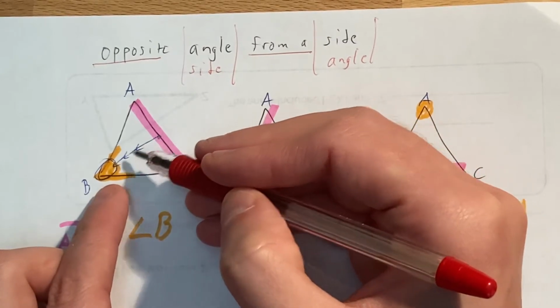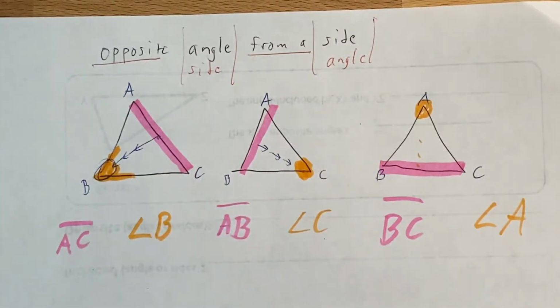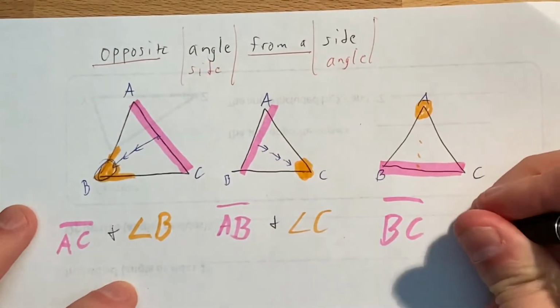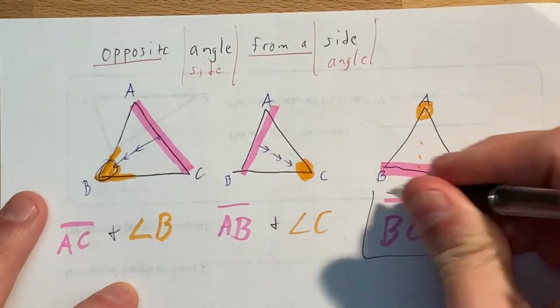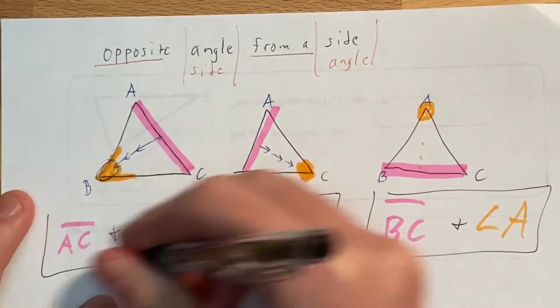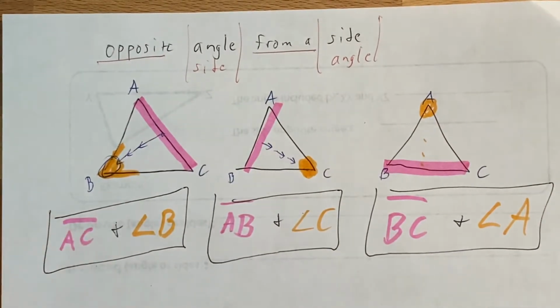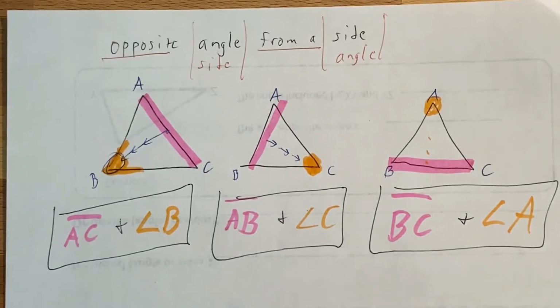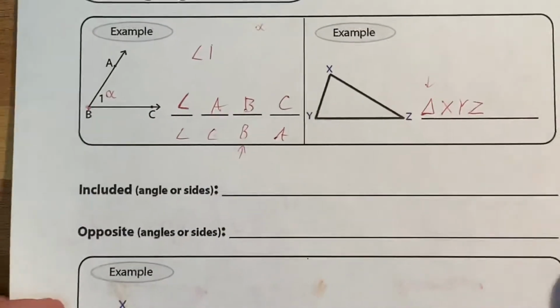If you go opposite it, you're going to find an angle from a line segment, or vice versa. So there you go. I'll just organize this because I like organizing. And that's it. So we can go back to the actual definition stuff now.